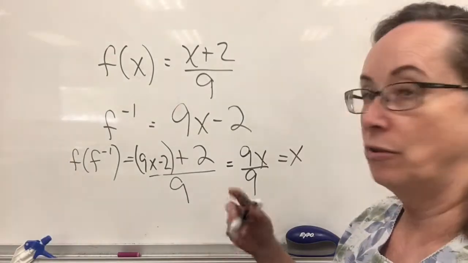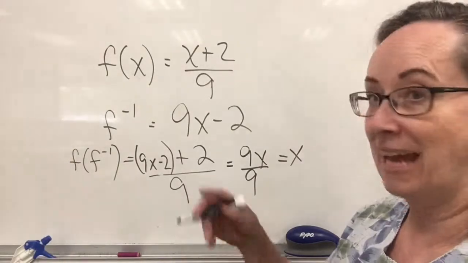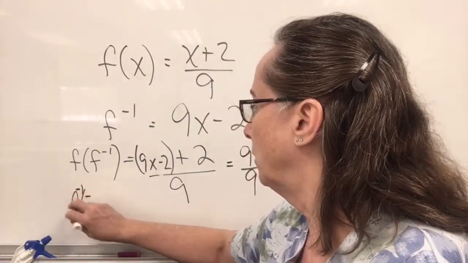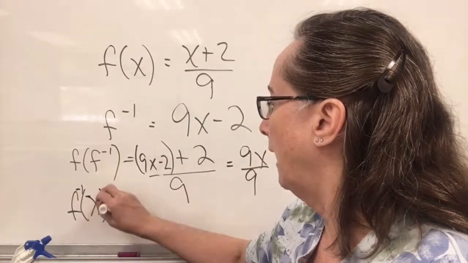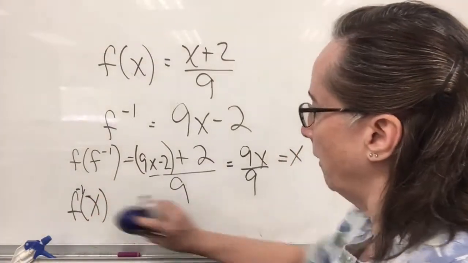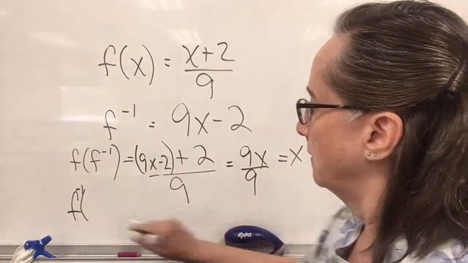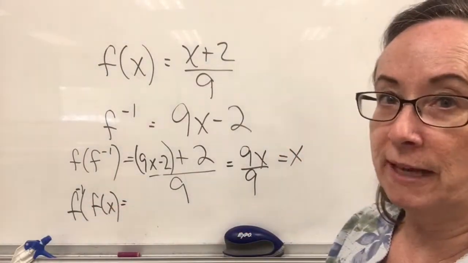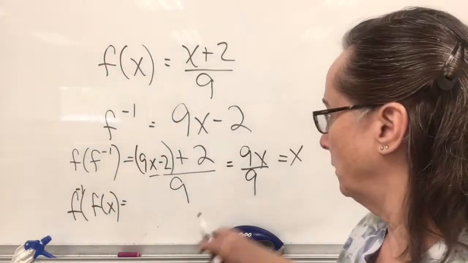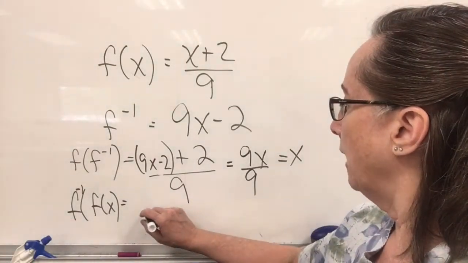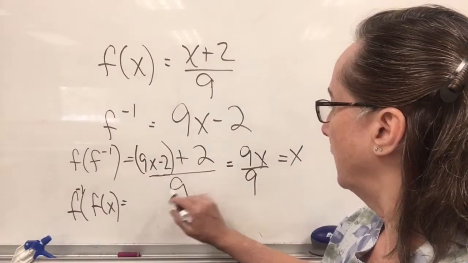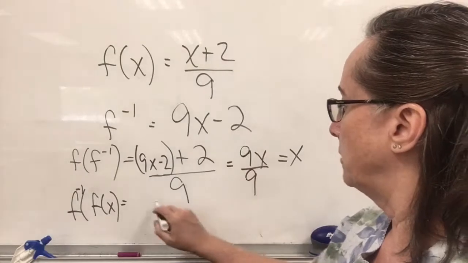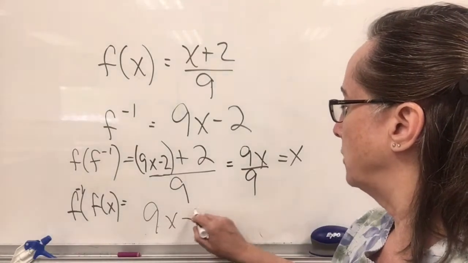Then I need to do the same thing, but now I'm going to take f inverse of x and compose it with f of x. So I'm starting with the f inverse as my base function, 9x minus 2.